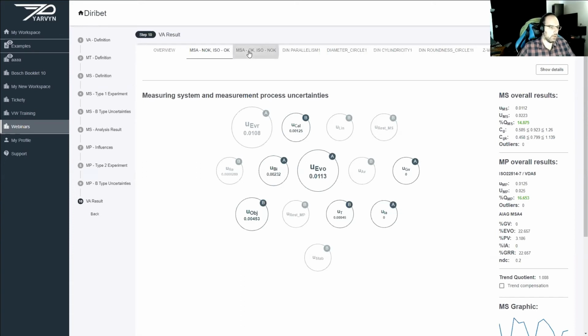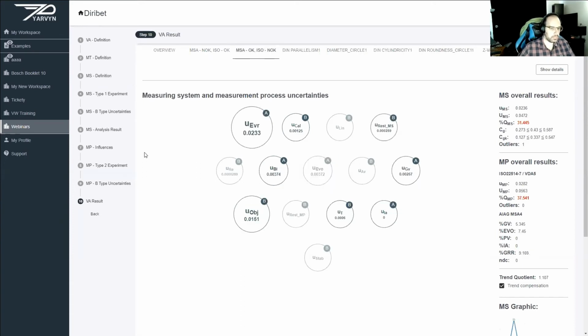And if we look at the other one, where according to MSA it's okay and according to ISO it's not okay, it's the same story. We have the A-type uncertainties, in this case repeatability on master, reproducibility and the interaction.